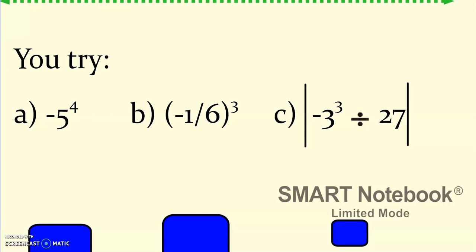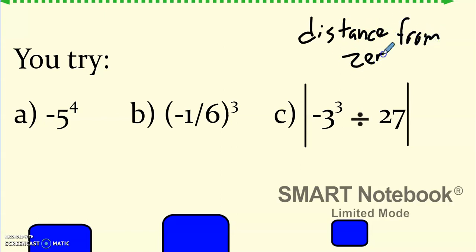Remember, the absolute value is the distance from 0. AKA, it's always positive. So please try them out. Pause the video, complete them, and then resume when you are ready to move on.